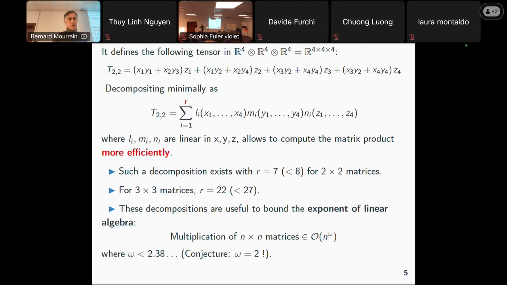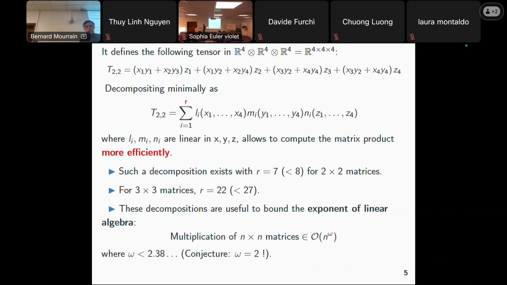And so this is the possibility to reach this exponent 2, which would be quite difficult, incredible, hard to believe, because here you make the product of n by n matrices, which have n square entries, in the same complexity as their organization.